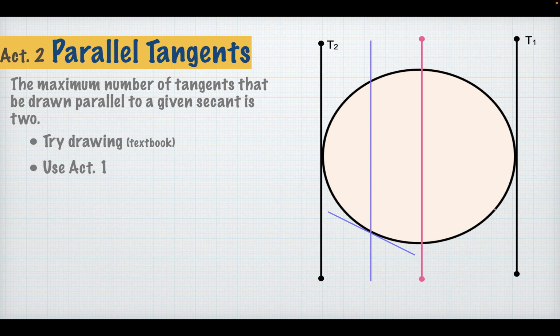Then I can try it for another point, let's say here on the other side. Here I can draw a tangent, and the tangent and the secant are going to be in completely different directions. They are not parallel. I mean, the line and the tangent are not going to be parallel to the secant at the same time.